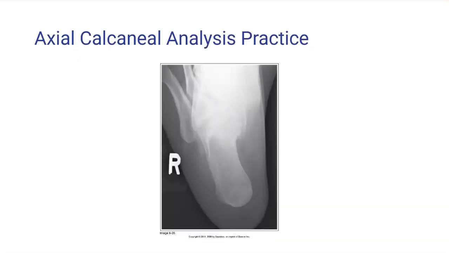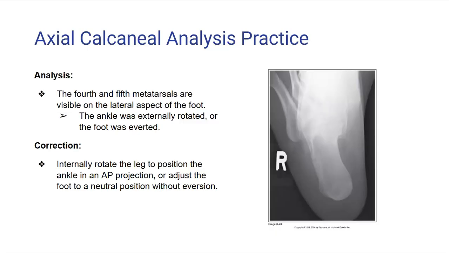It is your turn to analyze an axial calcaneal practice analysis. Go ahead and do so and answer the following question. So let's conduct this practice analysis together. When evaluating an axial calcaneal projection, you want to look for a couple things.